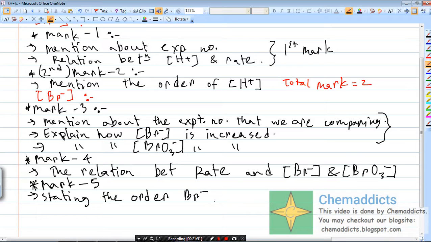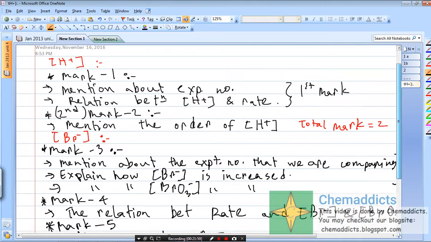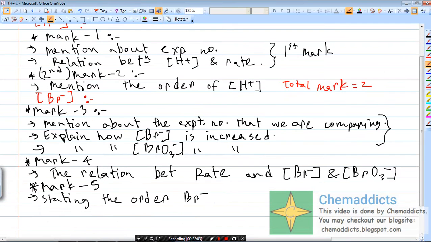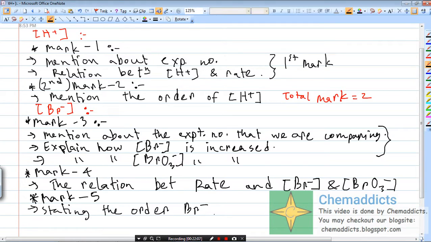Okay, so now let us answer this question. We have mentioned the points, so let us discuss the points again. The first mark is for mentioning the experiment numbers that we are comparing, and the relation between H plus and rate.